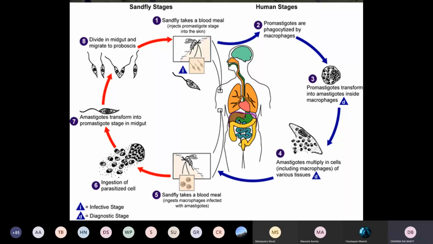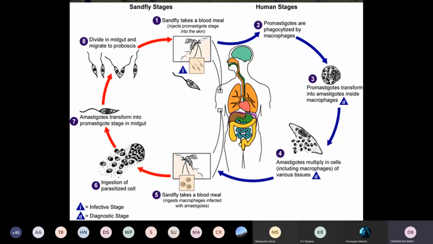Now next we have the life cycle. It's a simple one. Since you have studied the life cycle of malaria as well as, what else? You have studied so far the malarial parasite, Plasmodium, and filaria, Wuchereria bancrofti, right?